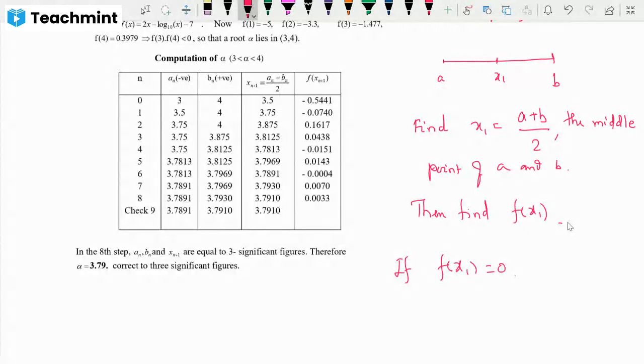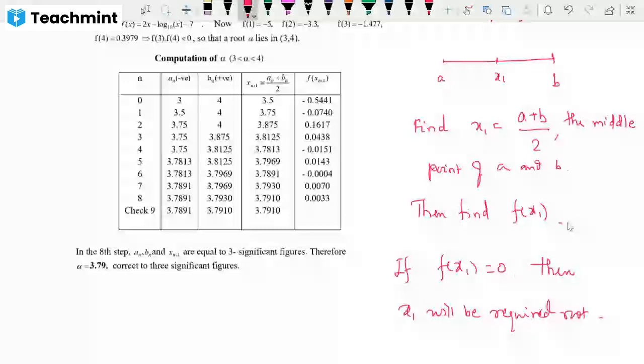Then x1 will be our required root, the required solution of the given algebraic or transcendental equation.